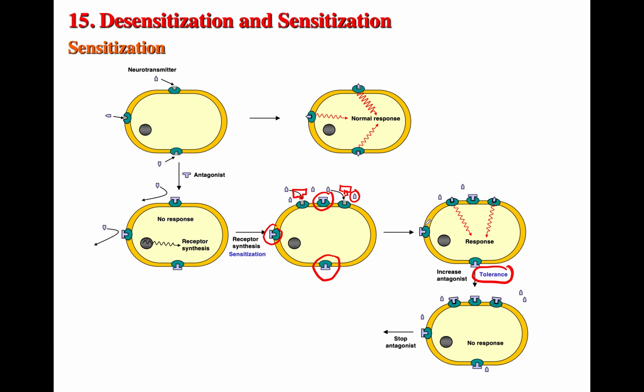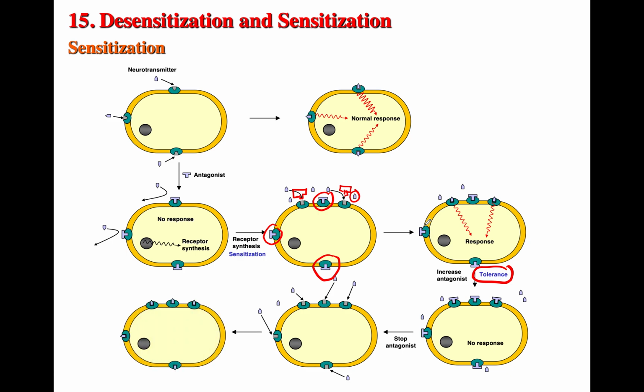So then when you stop the antagonist, you have more receptors that are open, and you become super sensitive to the neurotransmitters that were in the body, which leads to an excess response. And that's when people have withdrawal symptoms, withdrawal syndrome. And so this is dependence. People are craving whatever drug they were taking.